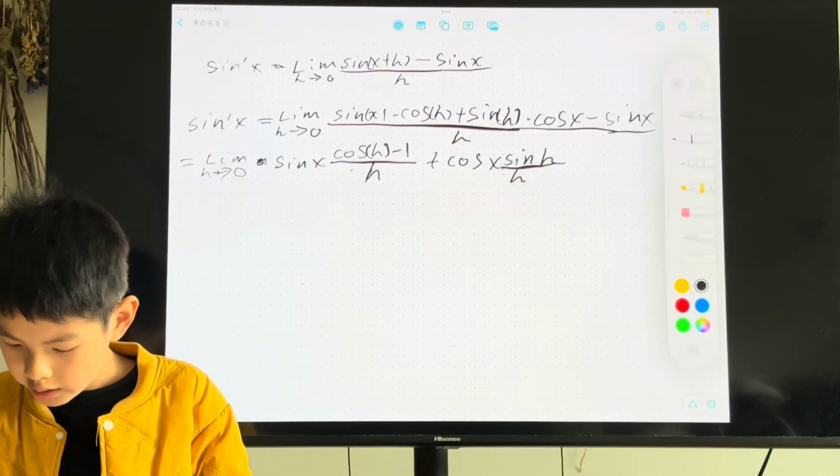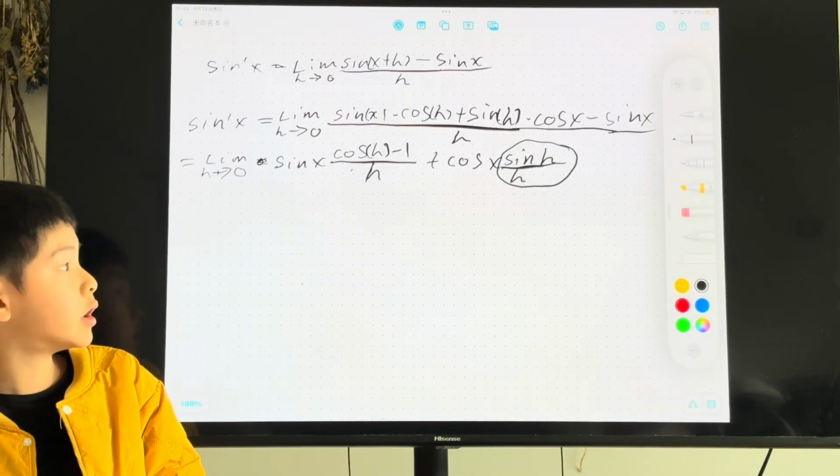Now we have to calculate the second part, which is sine of h divided by h.